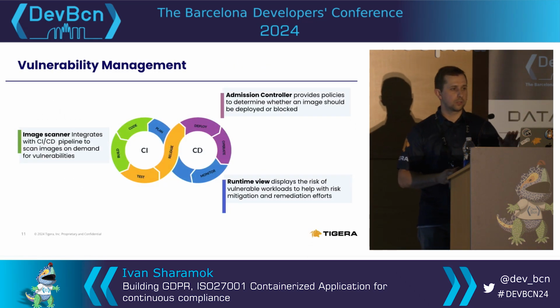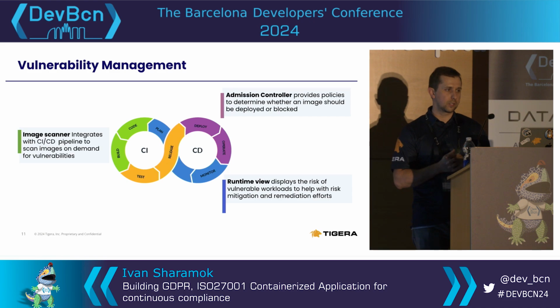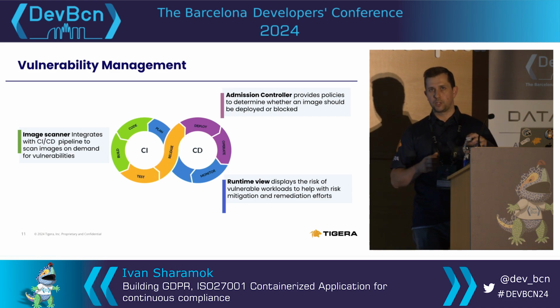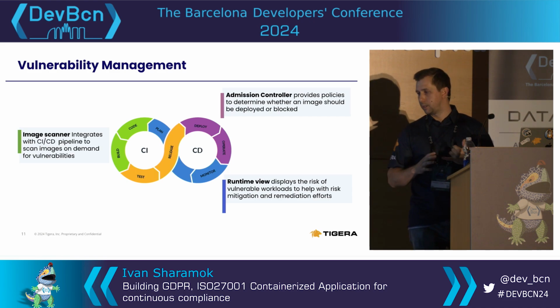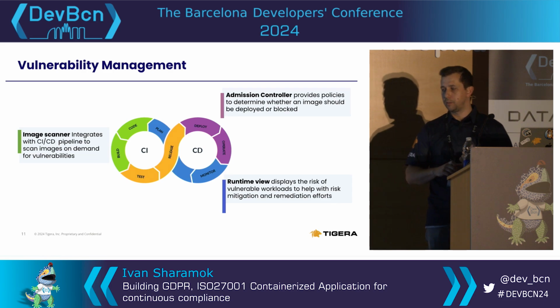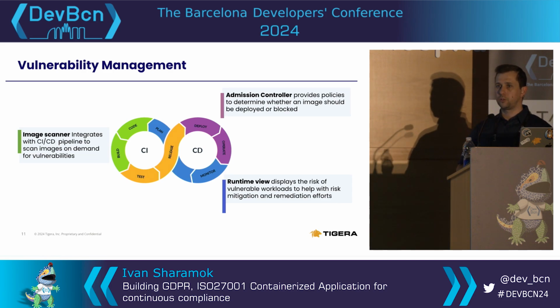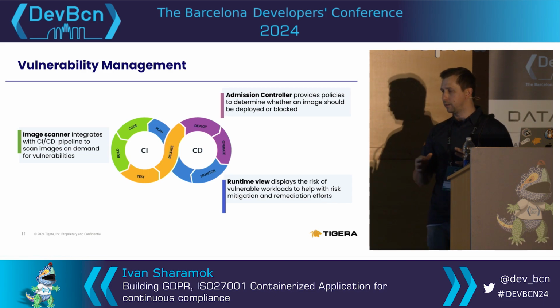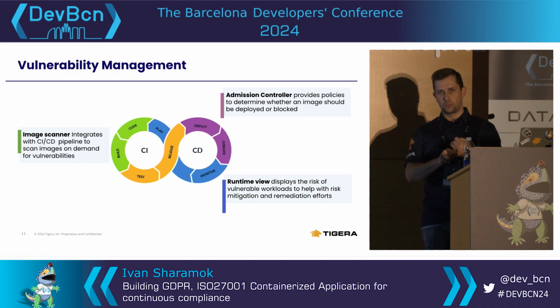To expand on some of this, for vulnerability management, what we mean is that we provide the image scanner, and there are a few different flavors of how we do the scanning. It scans what inventory of binaries and packages you have in your images and maps that to CVEs. We have an admission controller that bundles with that and uses that information.